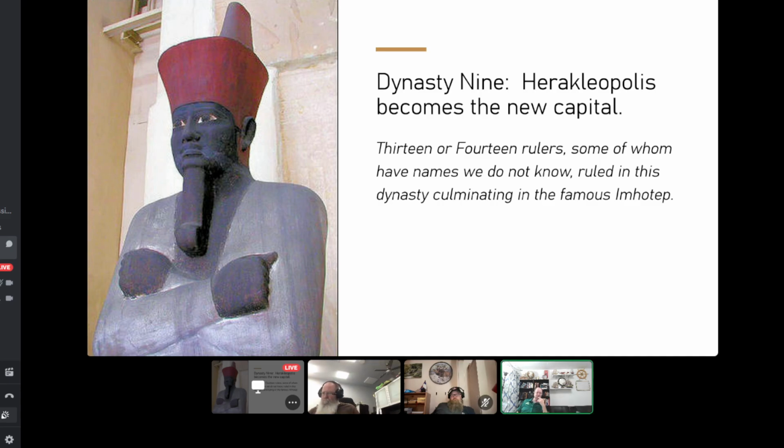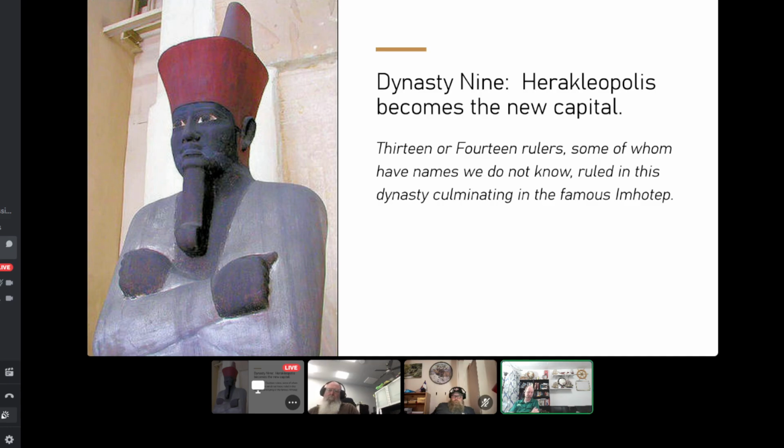Another interpretation, the one that I lean toward, is that Ipuwer is actually describing the events hundreds of years later during the time of Moses and the Exodus. But it is important to note that some believe that the Ipuwer Papyrus is referring to the Dark Ages of the First Intermediate period.